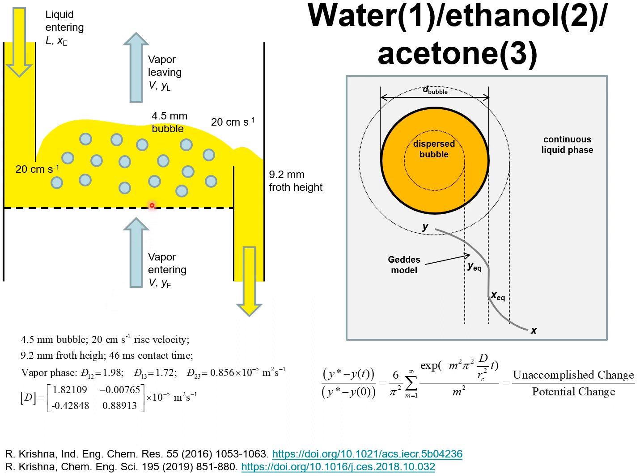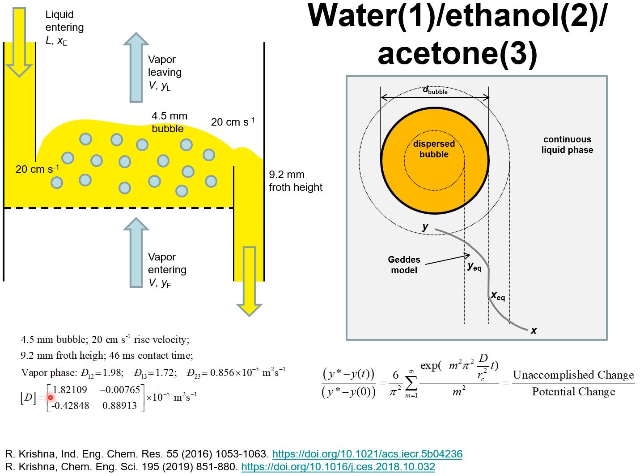The bubble froth regime is described by bubbles of uniform size of 4.5 millimeters, rising at a velocity of 20 centimeters per second, leading to a vapor-liquid contact time of 46 milliseconds in the froth height, which is estimated to be 9.2 millimeters.